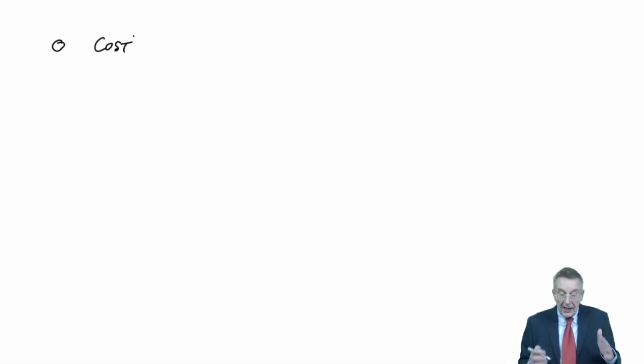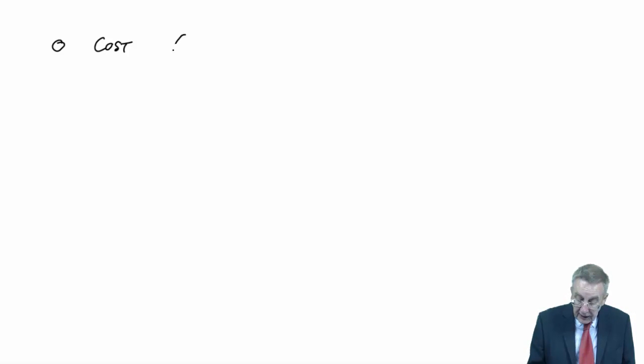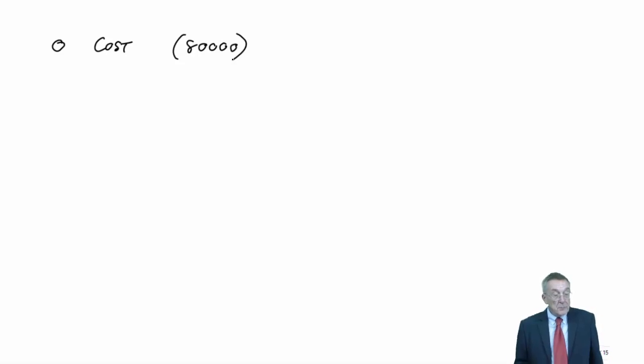Well, what's the way I set it up conventionally? And then we'll do the numbers. Now, we're going to pay out now 80,000. We always treat that as time 0. That's today. So an outflow, but in brackets 80,000.